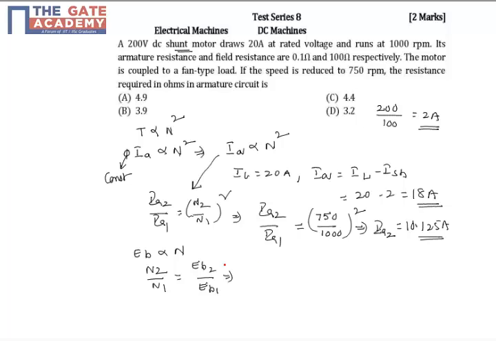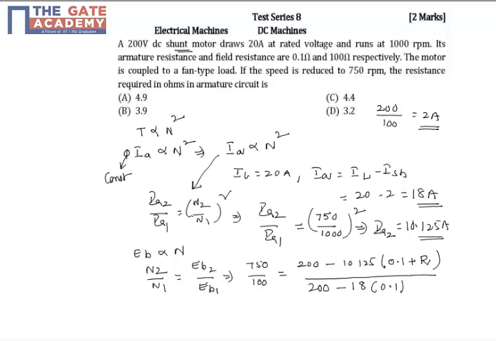So 750 by 1000 is equal to EB2, that is supply voltage minus the current we already calculated, Ia2, which is 10.125, into the armature resistance, which is 0.1, plus the resistance R that you are going to insert, divided by 200 minus the initial armature current of 18 into 0.1.